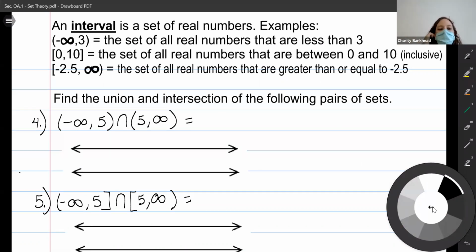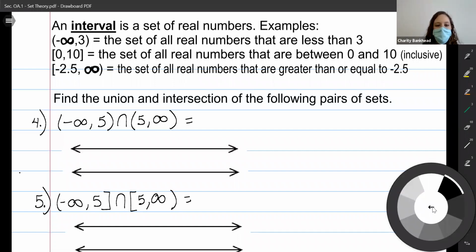We just talked about intervals in the last section, but for example, negative infinity to 3 with parentheses is the set of all real numbers that are less than 3. 0 to 10 with brackets represents the set of all real numbers between 0 and 10, including 0 and 10 themselves. And negative 2.5 to infinity with a bracket next to the 2.5 would be the set of all real numbers that are greater than or equal to negative 2.5.